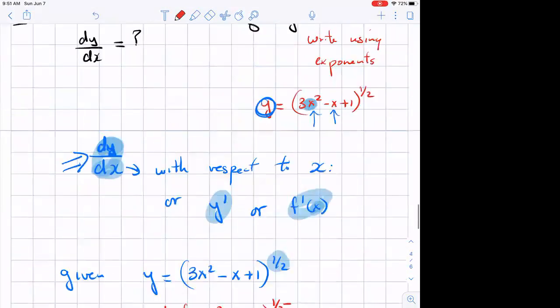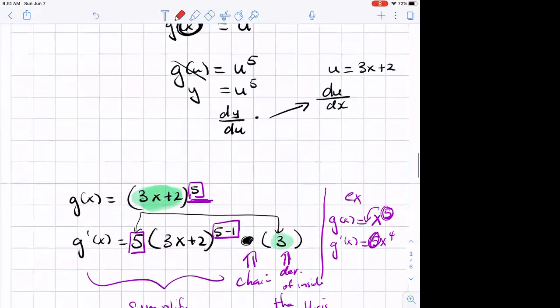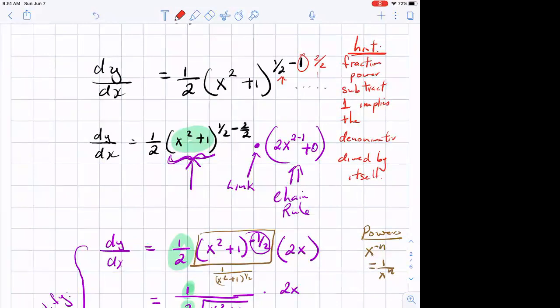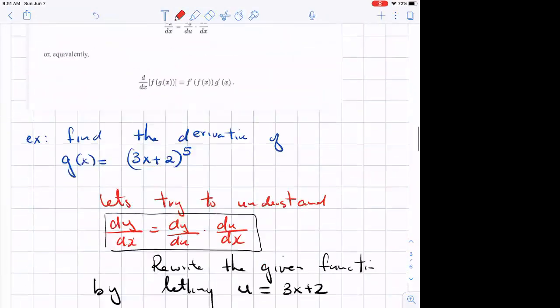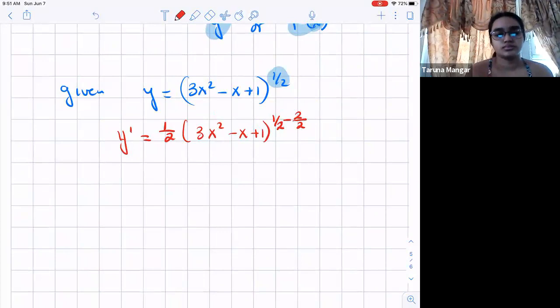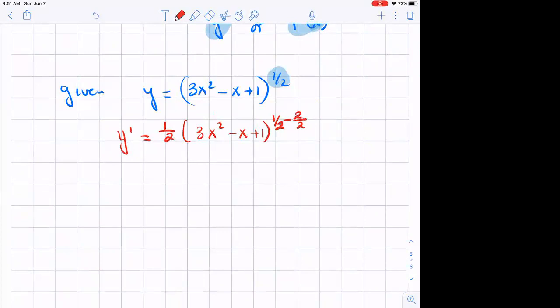Since this is a fraction, the hint is: fraction power, subtract 1 implies the denominator divided by itself. The denominator is 2, so I'm going to subtract 2 over 2. If the denominator here was 5, I would subtract 5 over 5. Now, we're not finished. Times the chain now. What's the derivative of the thing in here?